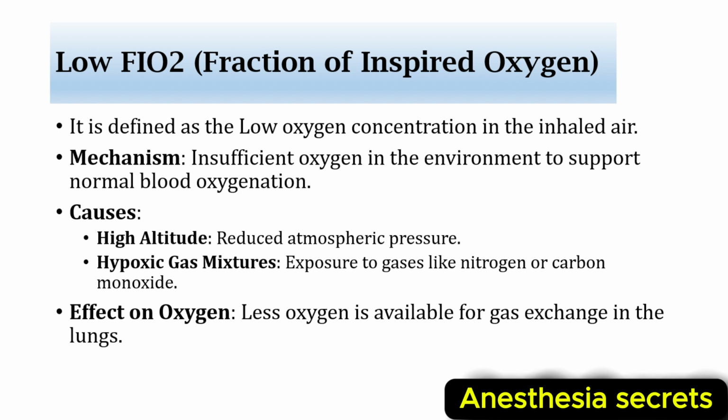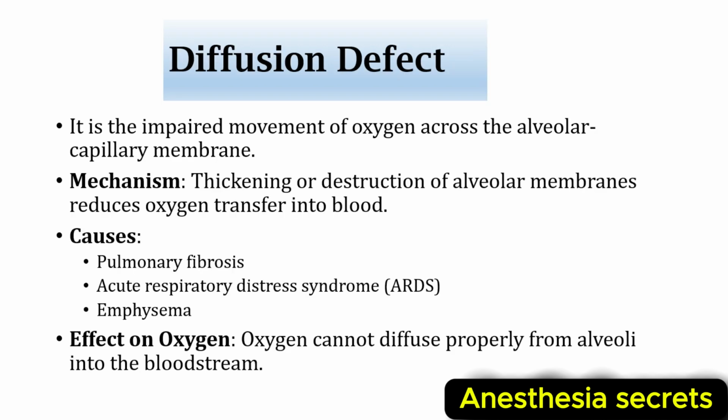The third cause is diffusion defect. Diffusion defect is the impaired movement of oxygen across the alveolar membrane. It can also be defined as an impairment in the process by which oxygen diffuses from the alveoli into the bloodstream.